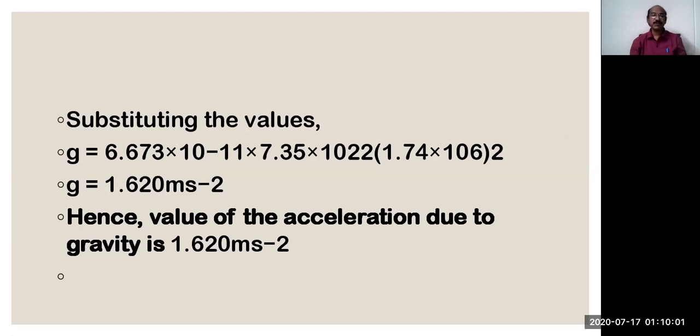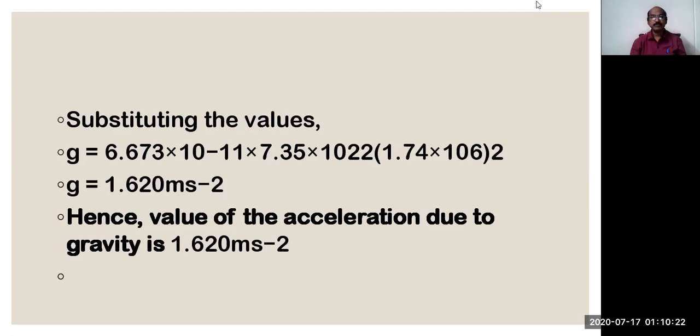So the mass of the earth or moon here is the important factor. The g value changes depending upon mass. But here on Earth, the g value is 9.8 meters per second square.